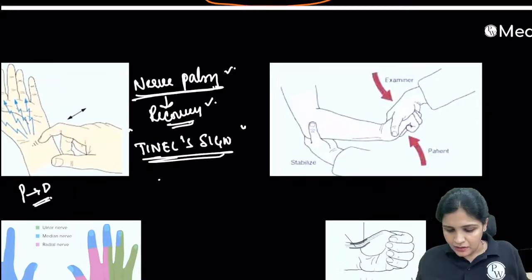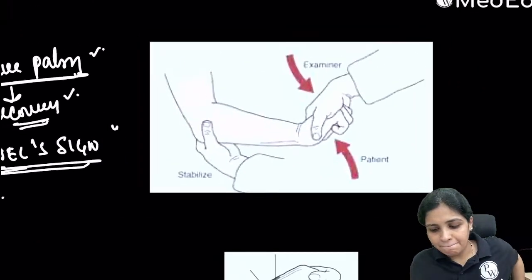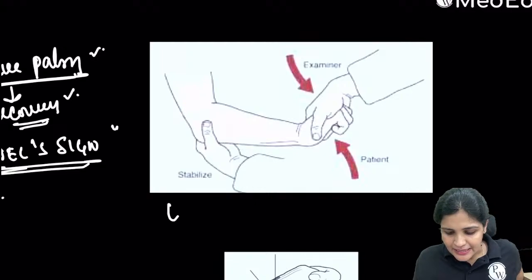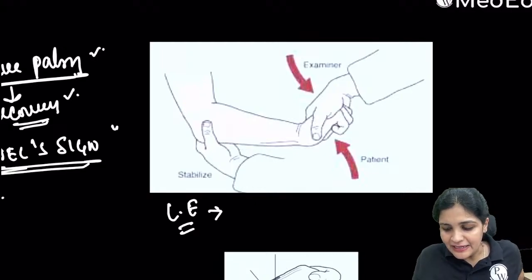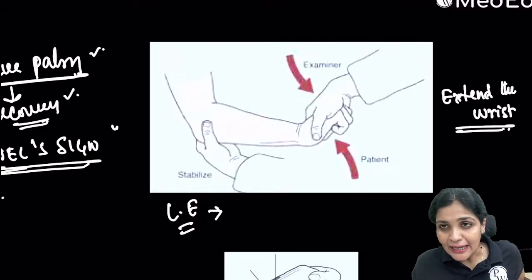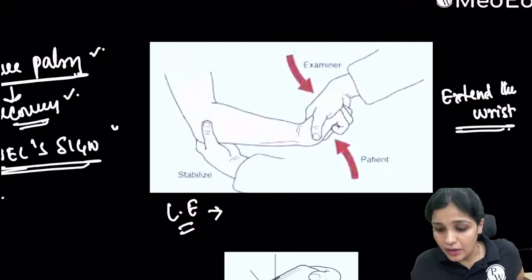Okay. Then what is this test? This is lateral epicondyle. And now the examiner is asking the patient to extend the wrist. So what is this test? For lateral epicondylitis, which is also called as?